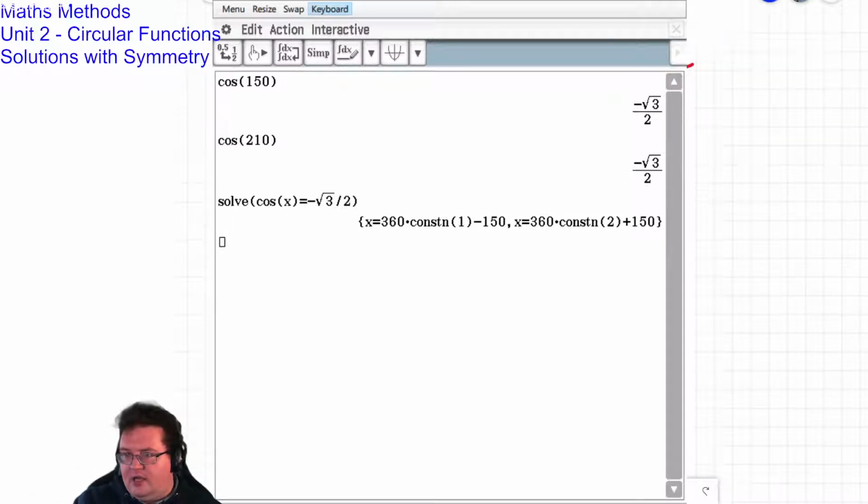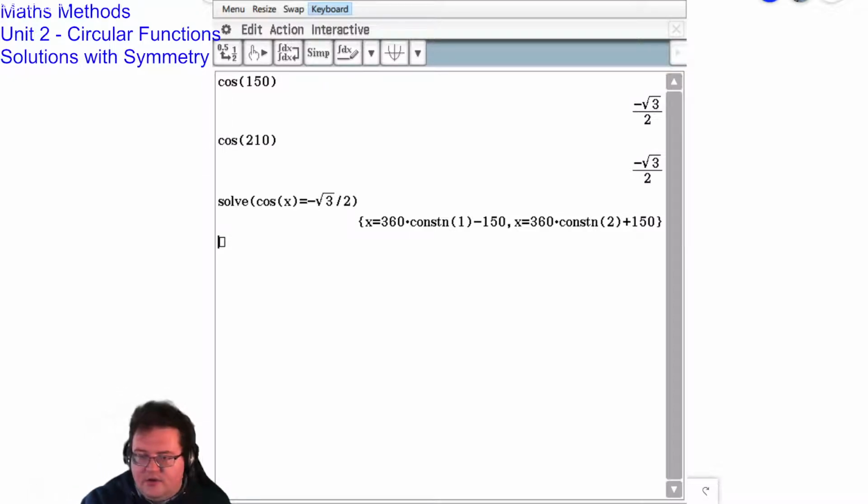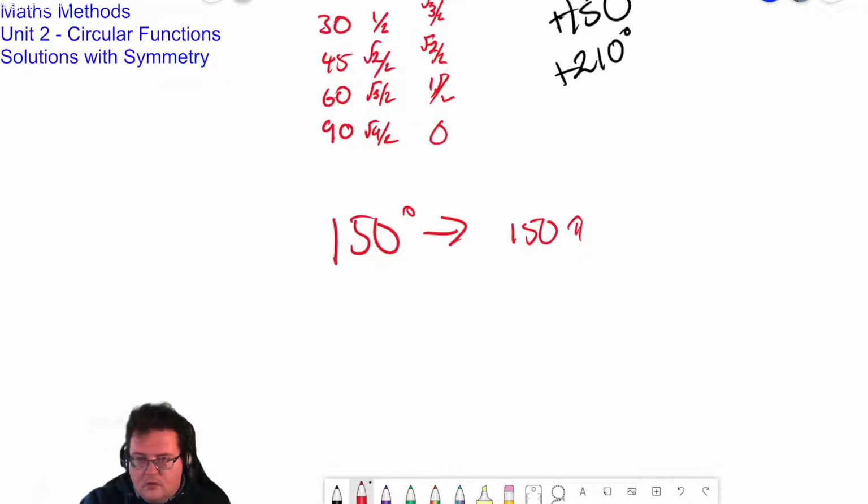So if I wanted to work out 150 degrees in radians, I'll do 150 pi over 180.